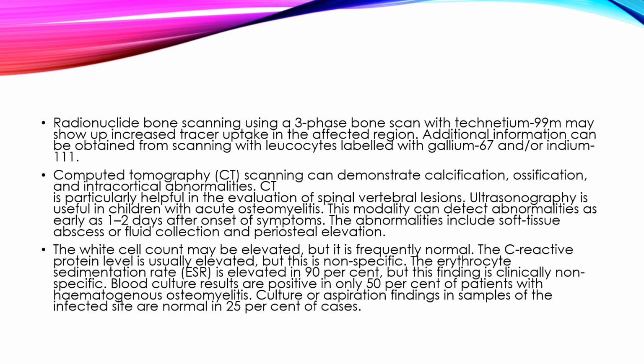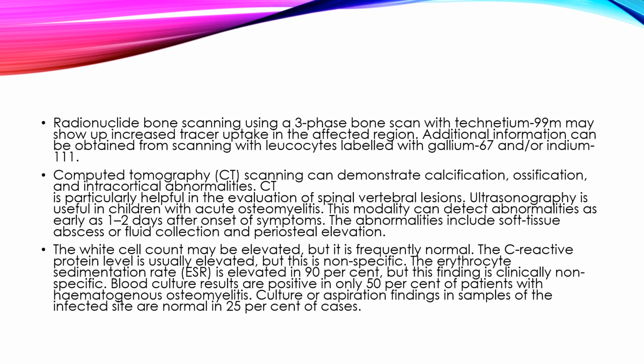Additional information can be obtained from scanning with leukocytes labeled with gallium 67 and/or indium 111. Computed tomography, CT scanning, can demonstrate calcification, ossification, and intracortical abnormalities. CT is particularly helpful in the evaluation of spinal vertebral regions.